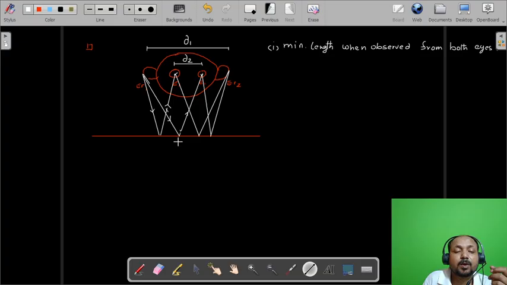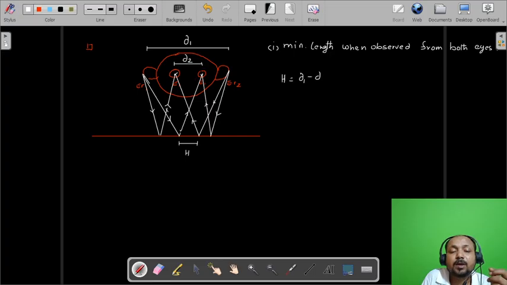So this would be the minimum length of mirror, where this is the incident ray and this is the reflected ray. Let's say this is H. So we have to find out this H. Here also we will find that this H will come out to be D1 minus D2 by 2.